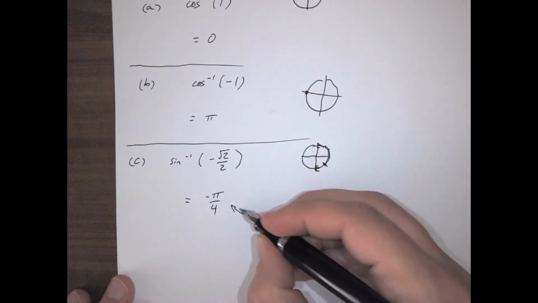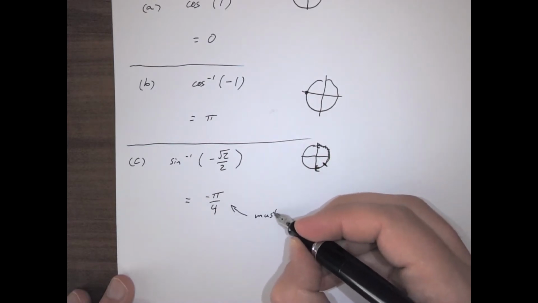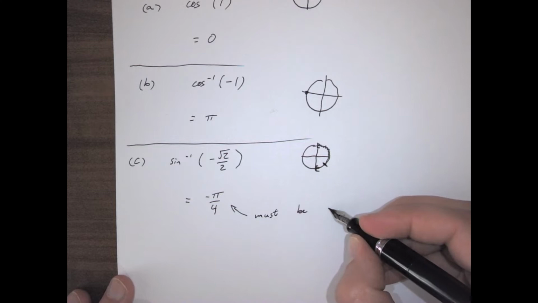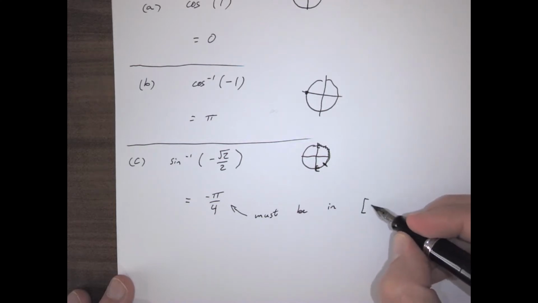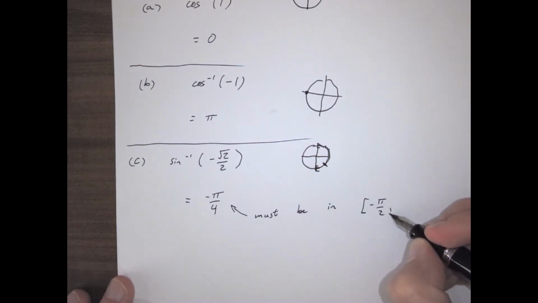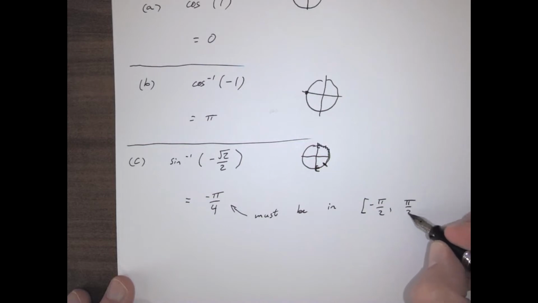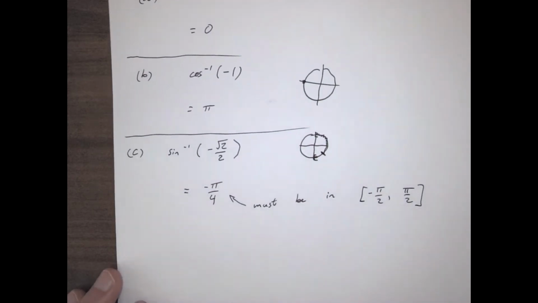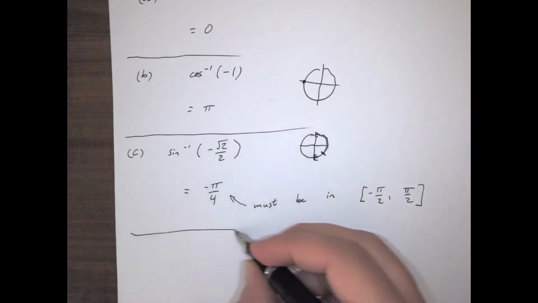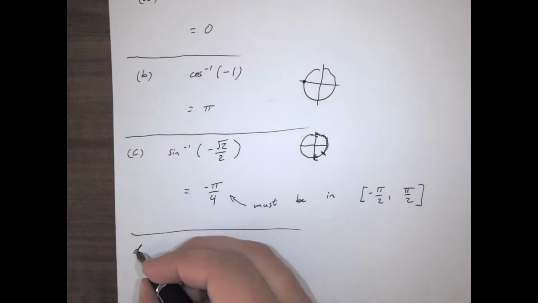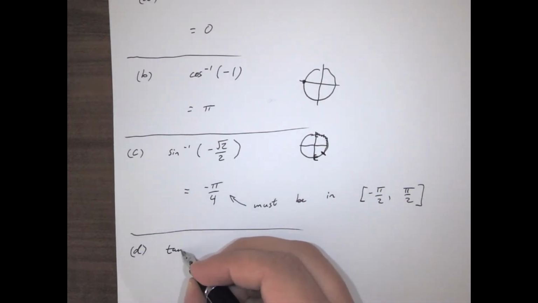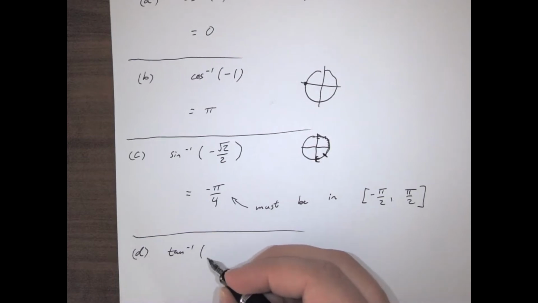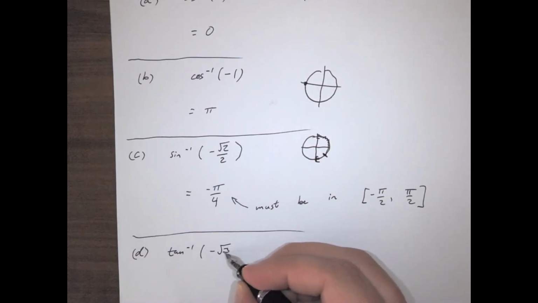So this must be in negative pi over 2 to pi over 2. So you cannot give another version of the angle even if it comes out with the same sine. How about tan inverse of negative root 3?